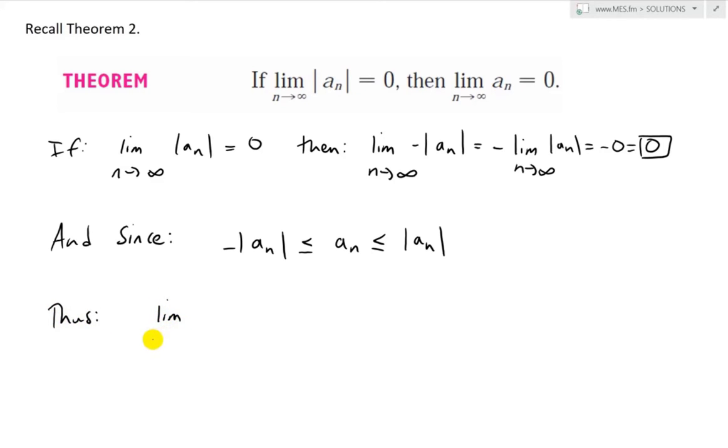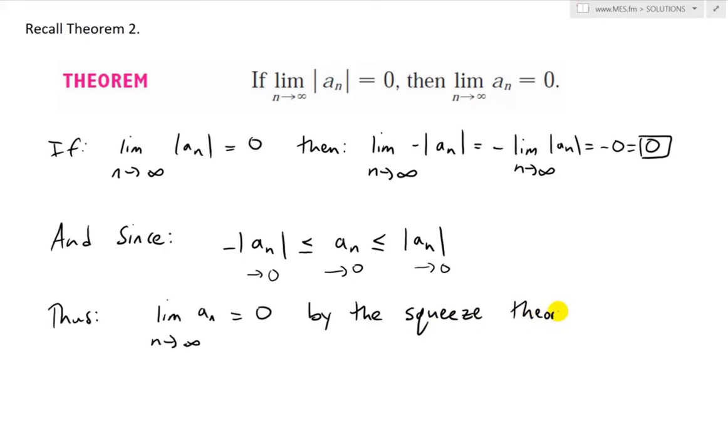Both of these are going to 0, so a_n gets squeezed and has to go to 0. Thus the limit as n approaches infinity of a_n equals 0 by the squeeze theorem. The squeeze theorem is quite amazing. It's very straightforward and quick.